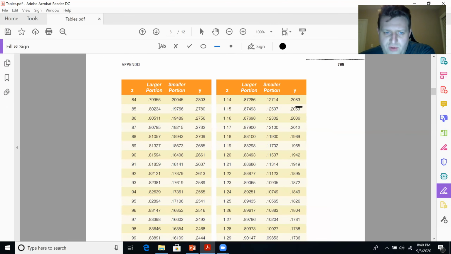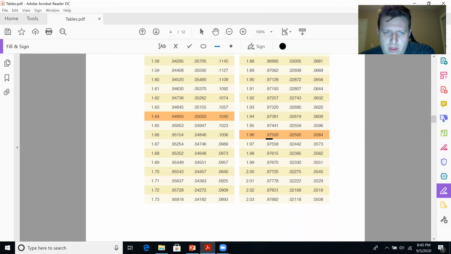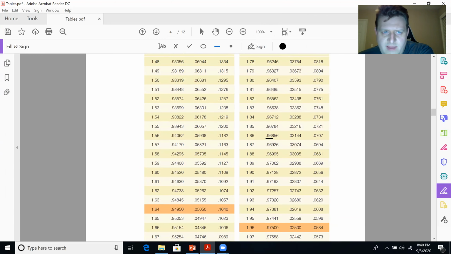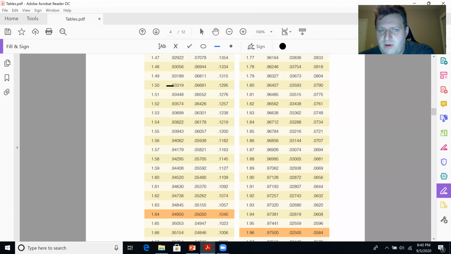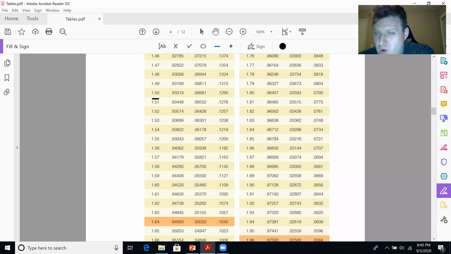So let's go back to our table right here at 1.50. For positive 1.50, 93.319% of people score less than that value, and 6.681% of people score above that value. Now we're going to flop those when we have a negative z-score.